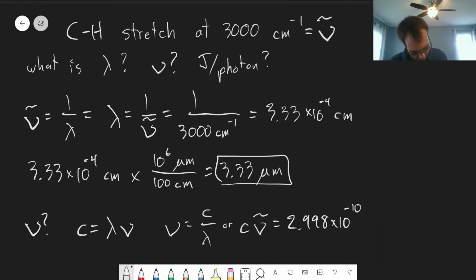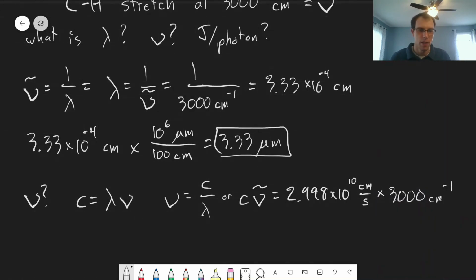So that's going to be 10 to the positive 10 centimeters per second, because there's 100 centimeters per meter. And then multiply that by our 3,000 centimeters to the minus 1. Let me give myself a little bit more space here.